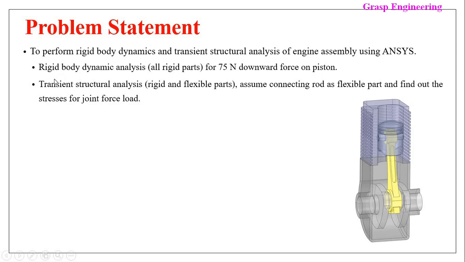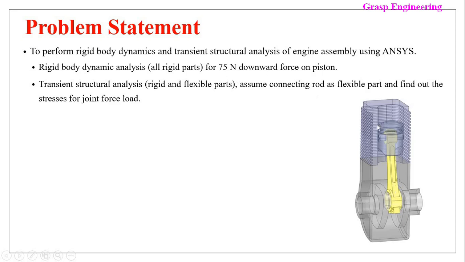Now the first statement is that we need to perform rigid body dynamic analysis. As the name suggests, when we consider rigid body dynamic analysis, all parts should be rigid. Here we need to apply a 75 Newton downward force on the piston. This force drives the piston movement, up and down.